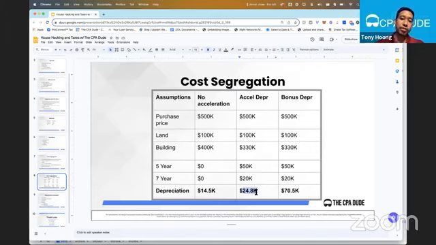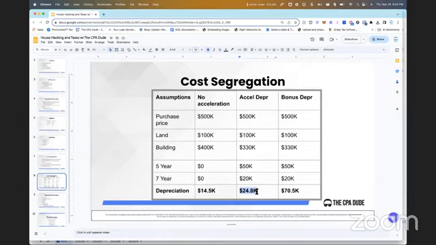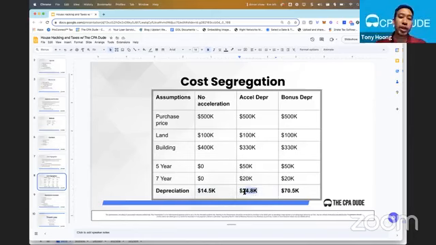Let's say in the past 2 years you had 50 grand locked in, that 50 grand is still stuck. You're not unlocking that 50 grand with real estate professional status. It's always the current year losses that you carry against your W-2.